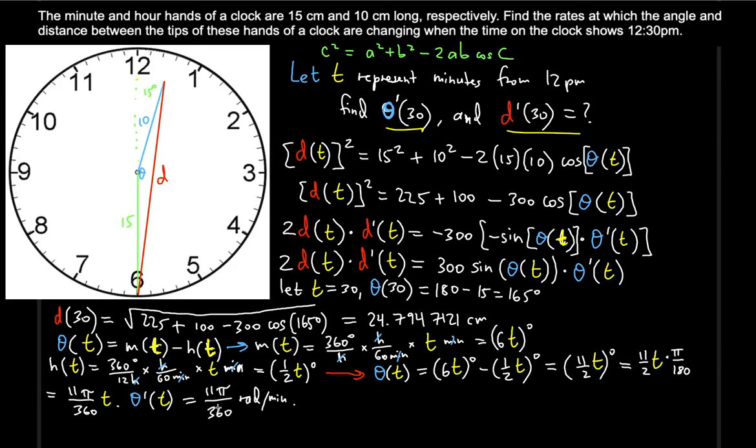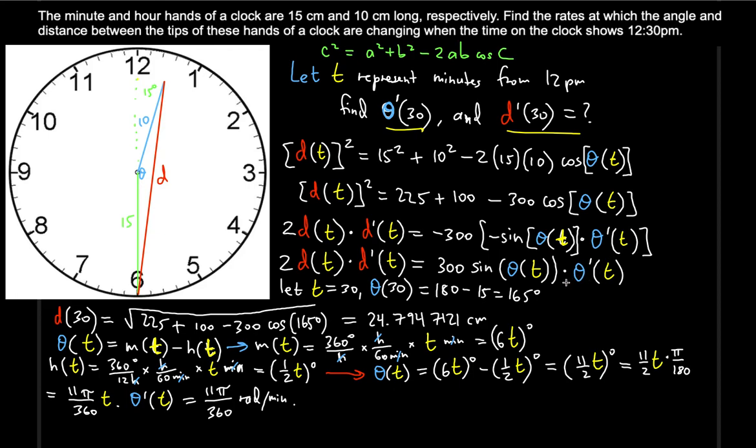Okay, so now that we have that, we can use this equation here, 2 d times d prime of t is equal to 300 sine theta of t times theta prime of t.